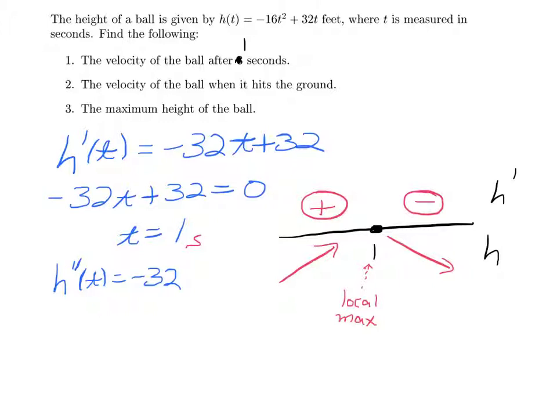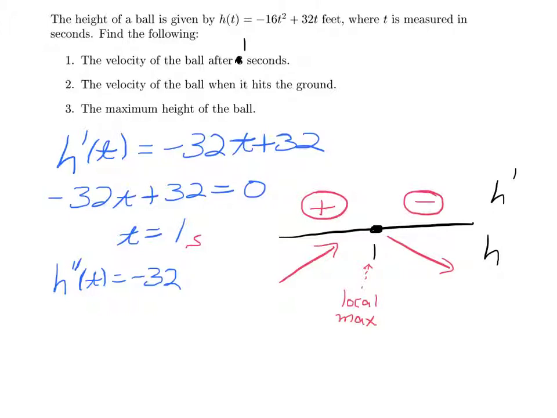I see that this derivative, minus 32t plus 32, is positive to the left of 1. If you use a test point like 0, you see that h prime of 0 is positive 32.